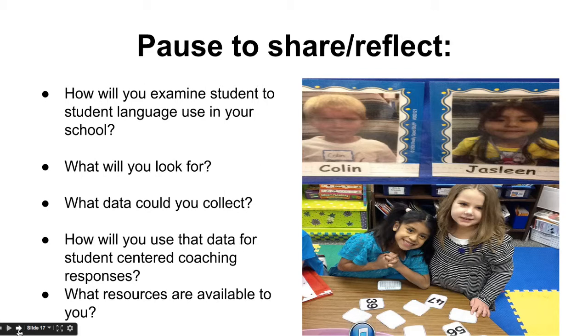Pause a moment to share and reflect. How can we examine student language use in our school? What kinds of things should we be looking for? What kind of data can we collect? How will we use the data to create student-centered coaching responses? And what resources are already available to you to be able to do this work? Go ahead and pause the slideshow to share and reflect.